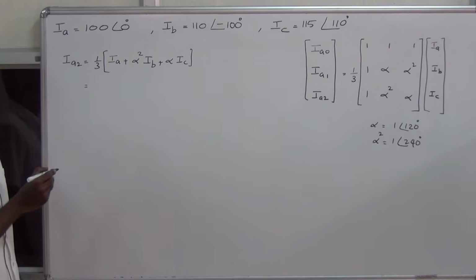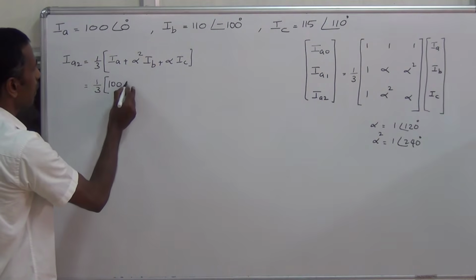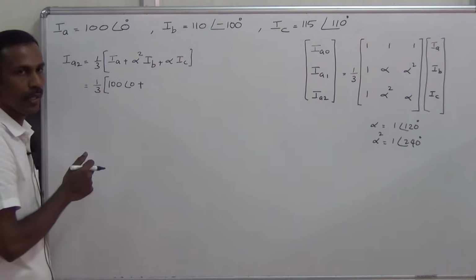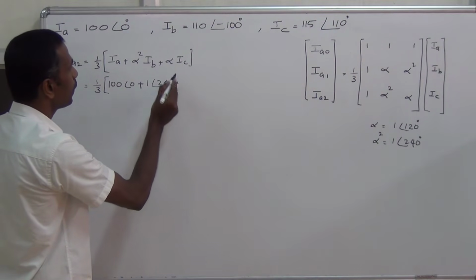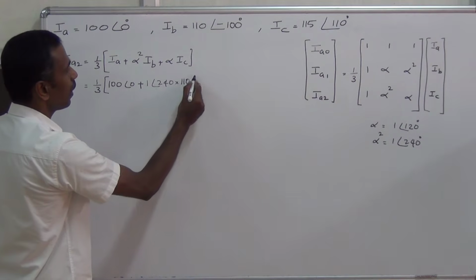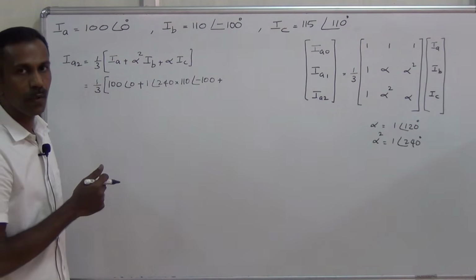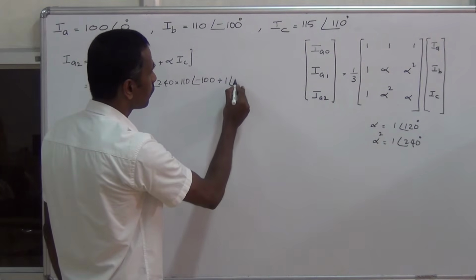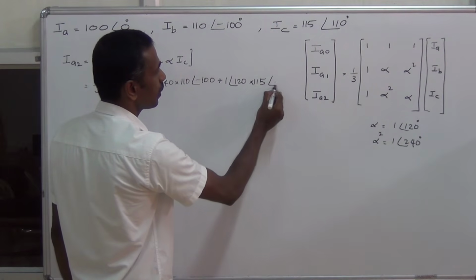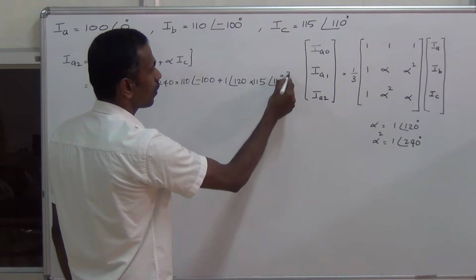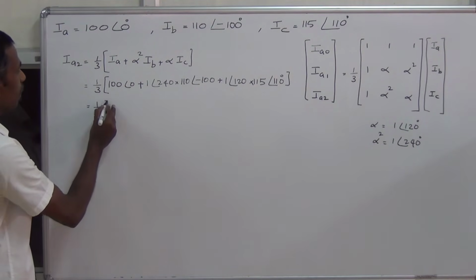And this is equal to 1 by 3 into 100 angle 0 plus alpha square is 1 angle 240 into IB equals 110 angle minus 100 plus alpha equals 1 angle 120 into IC equals 115 angle 110 degrees.